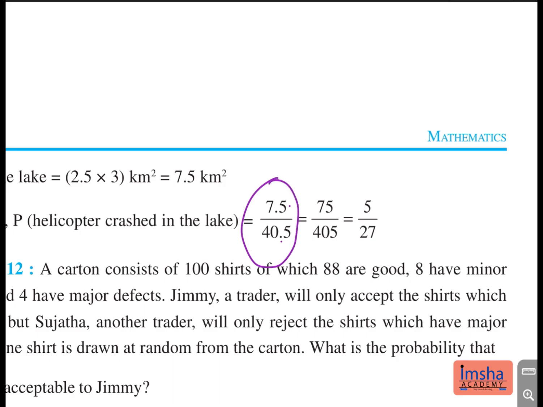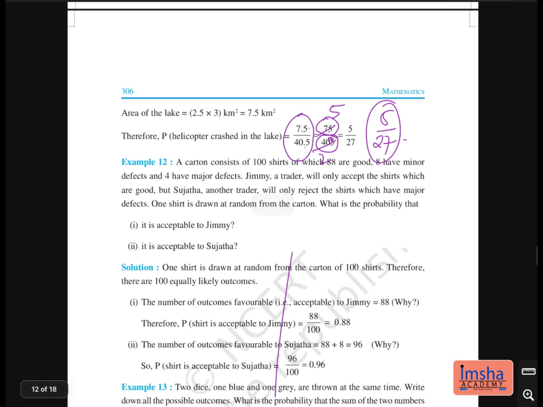When we remove the decimal points, it will be 75 divided by 405. So 15 fives are 75, 15 twos are 30, 10 is remaining, 15 sevens are 105. So the answer is 5 divided by 27.